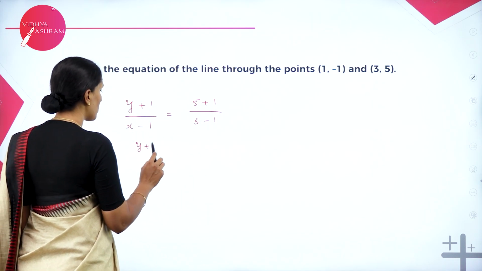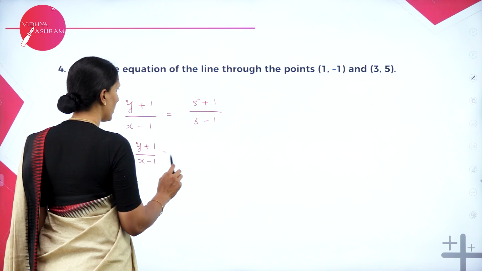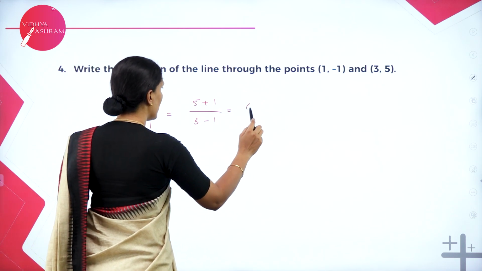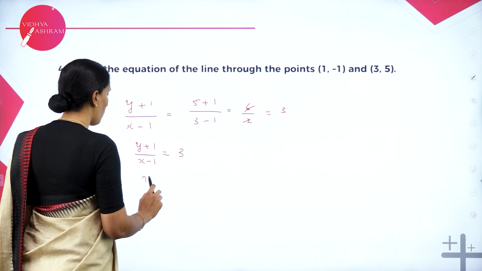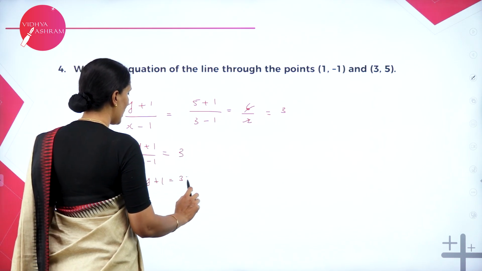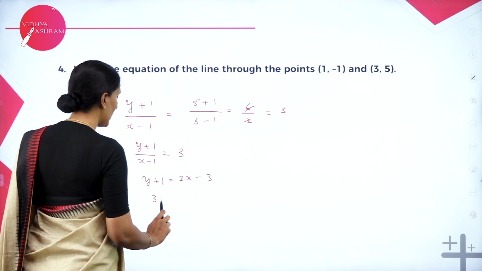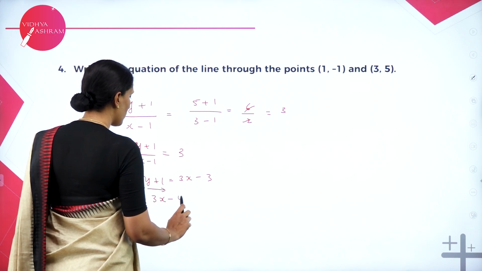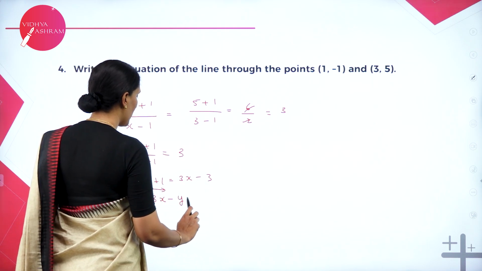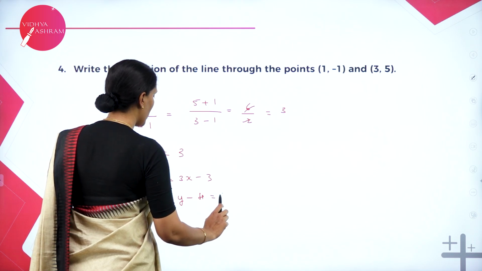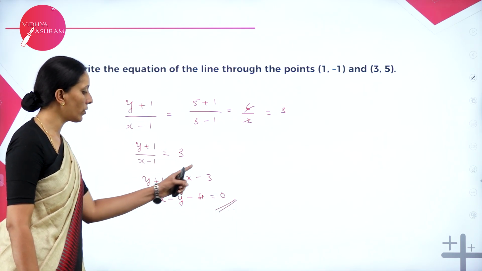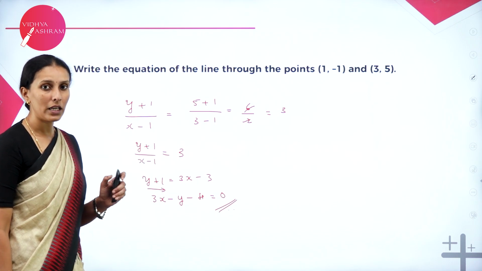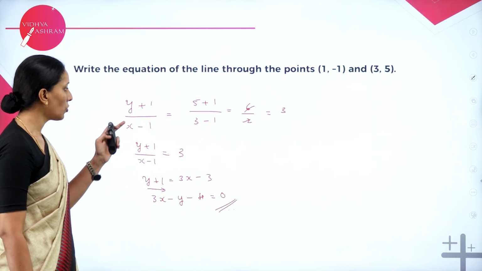So we have (y plus 1) divided by (x minus 1) is equal to 6 by 2, which is 3. So y plus 1 is equal to 3x minus 3, or 3x minus y, and when the constants shift over it becomes minus 3 minus 1, minus 4, is equal to 0. So 3x minus y minus 4 is equal to 0 is the required equation of the line using 2-point form.